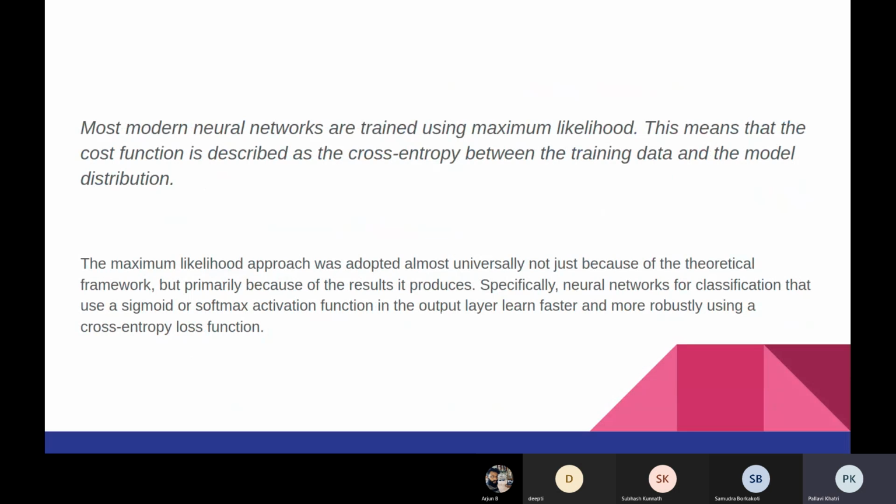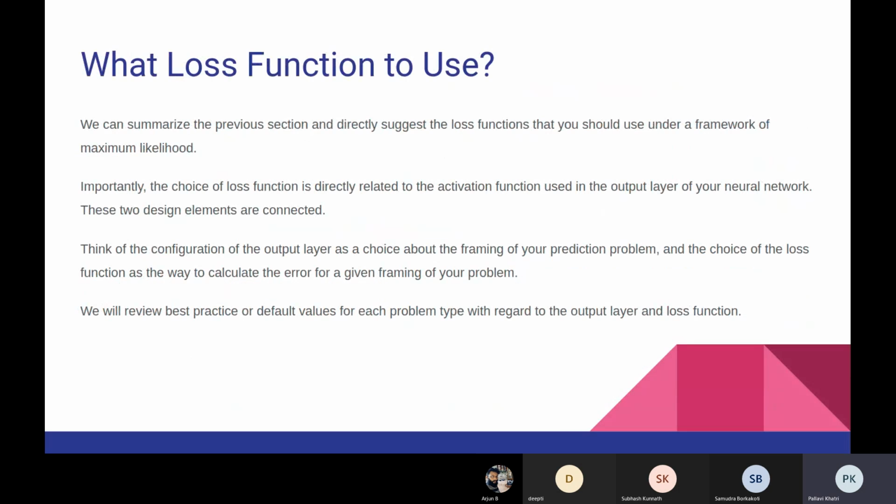Yeah. So next is what loss function to be used. We can summarize from the previous section that it directly suggests the loss function that you should use under a framework of maximum likelihood. Importantly, the choice of loss function is directly related to the activation function used in the output layer of the neural network.